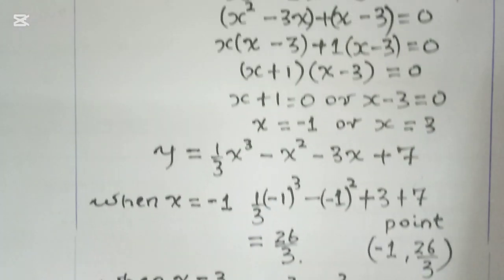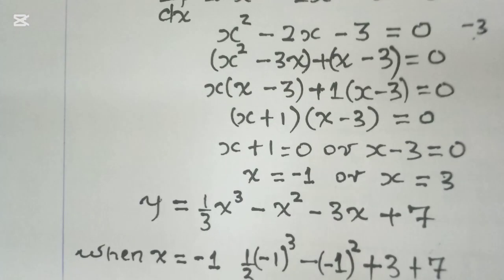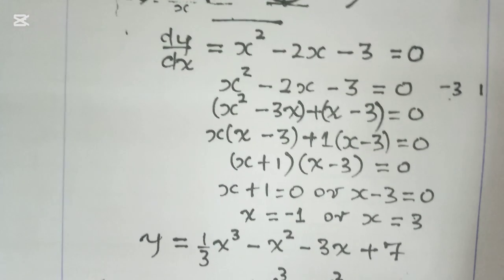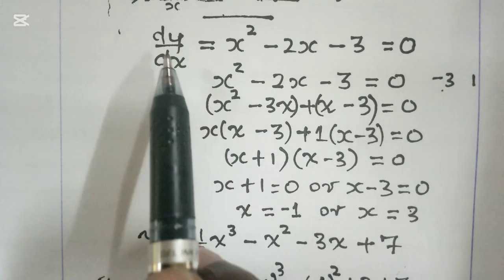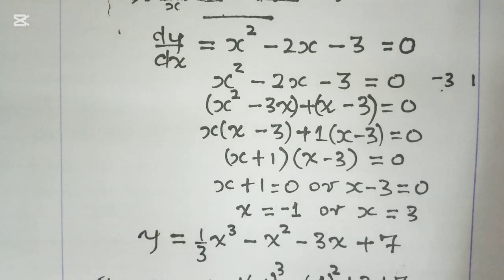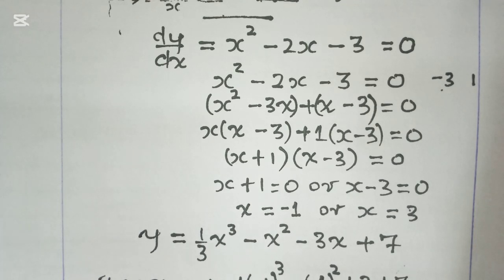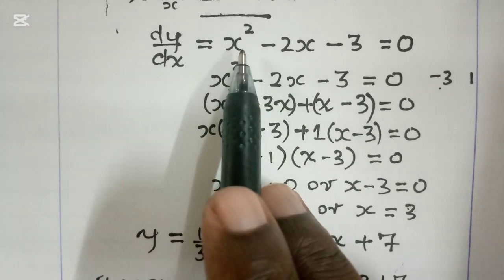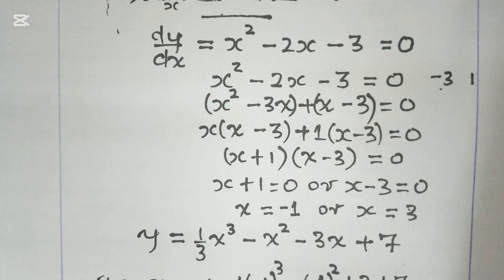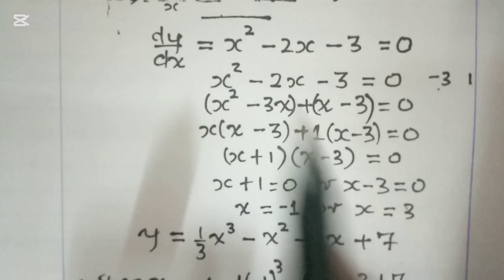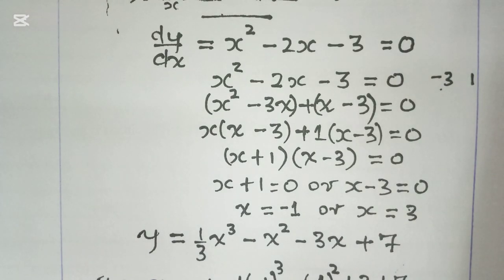We now do the second derivative, d squared y over dx squared. This gives us 2x minus 2.